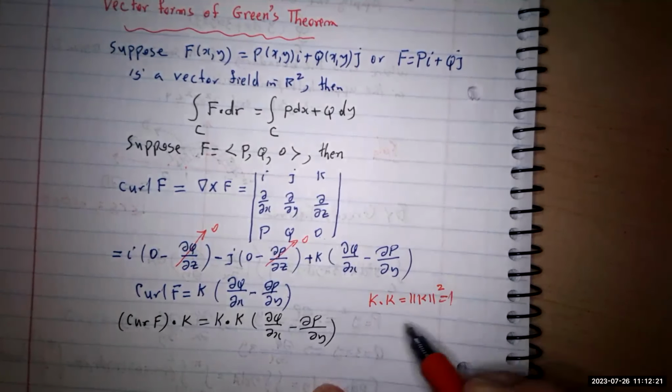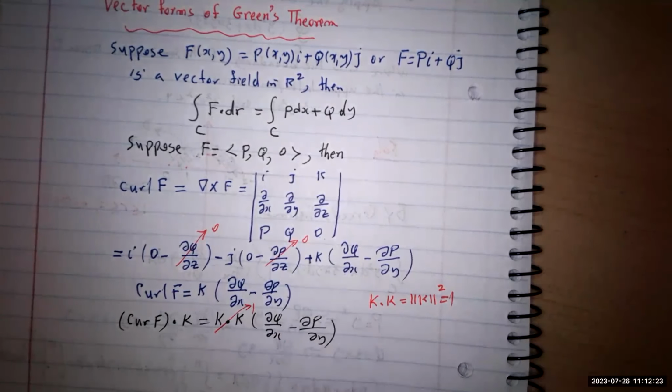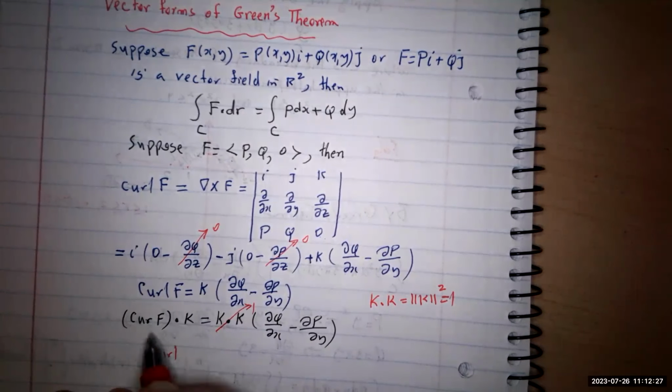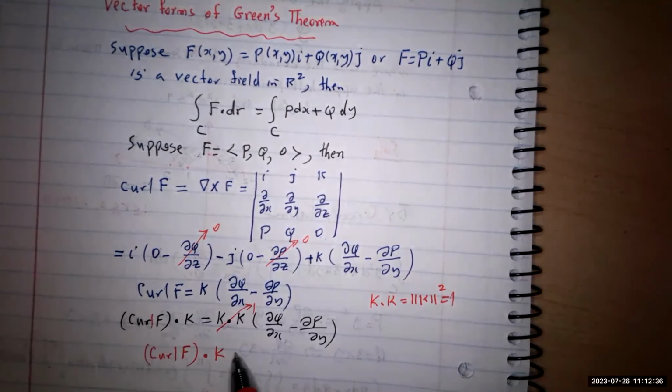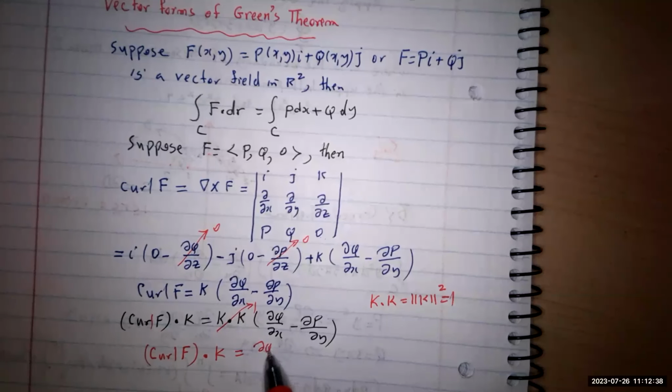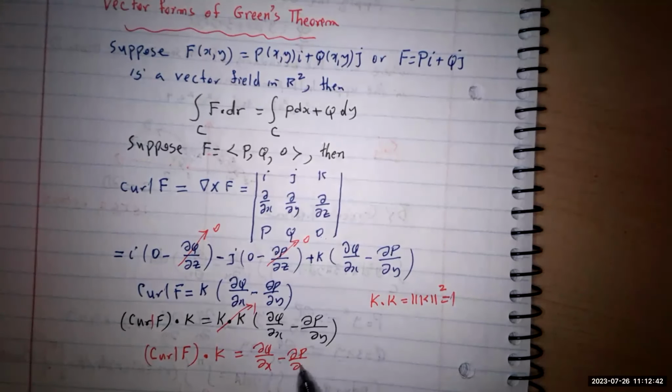So this is equal to 1, and I arrive at this formula: the curl of F dot K is equal to partial Q partial X minus partial P partial Y. You see?